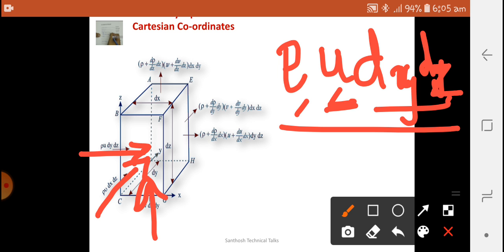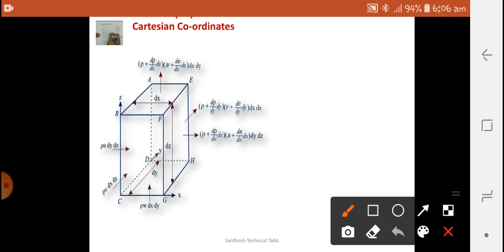So if a fluid particle is in the x direction, rho u dy dz, when the fluid particle comes to the other side, it will become rho plus d rho into dx into u plus du by dx into dy and dz.